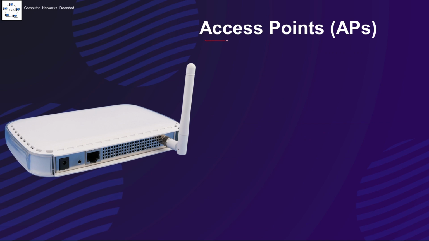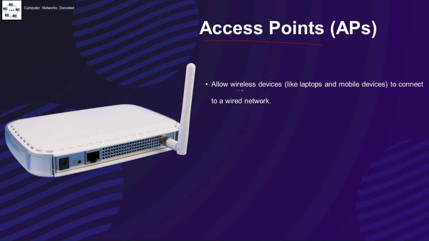Our next network hardware is the access points, or APs. These allow wireless devices like laptops and mobile devices to connect to your wired network. So let's suppose your access point is connected to the internet through a wired network, and your mobile clients such as your laptop and your PC can wirelessly connect to this access point, and then this access point allows these devices to access the internet.